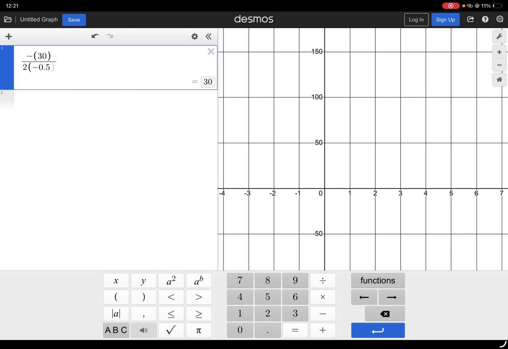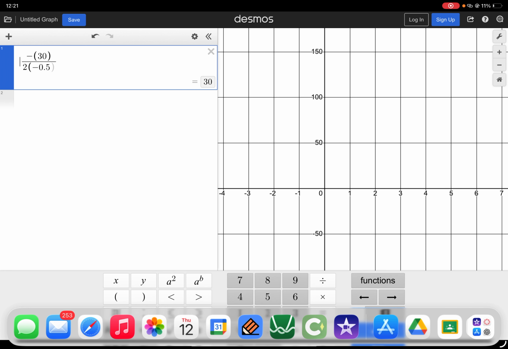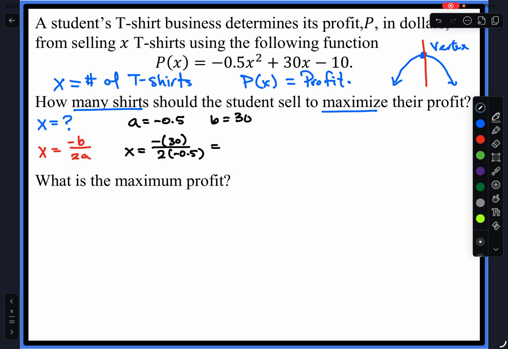Notice that regardless of whether I put it up there or right there in the middle, it still gives me the same value. But let's put it up there so it doesn't look different than the way we wrote it in our notes. So we get a total of positive 30. So the maximum value is going to occur at that value of 30.